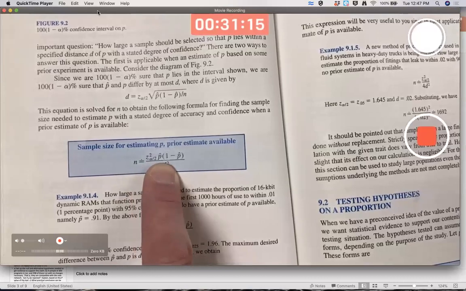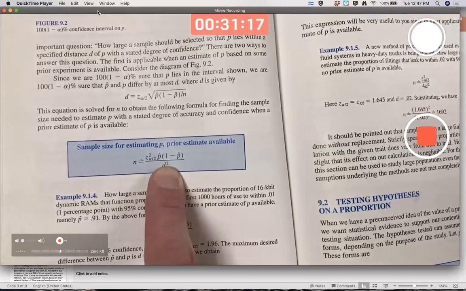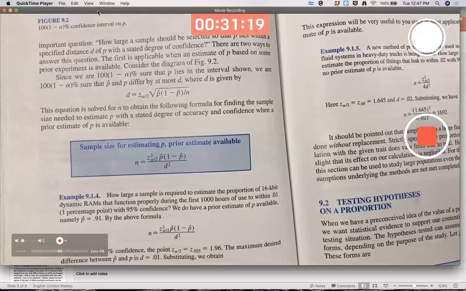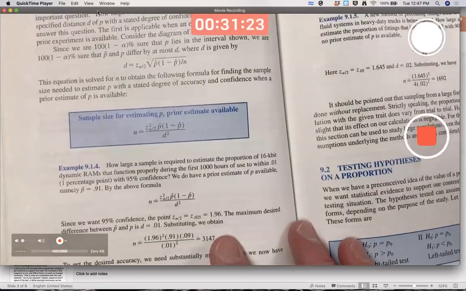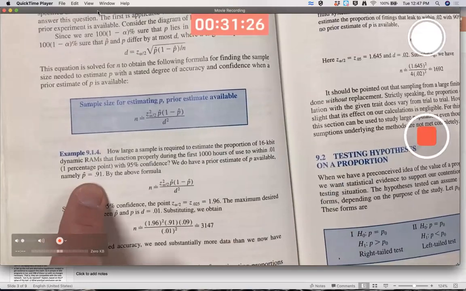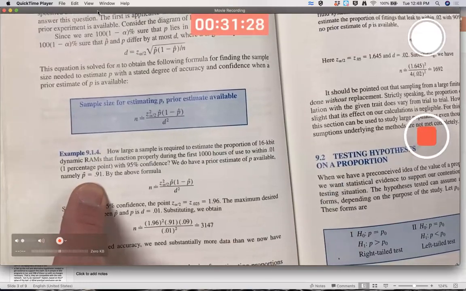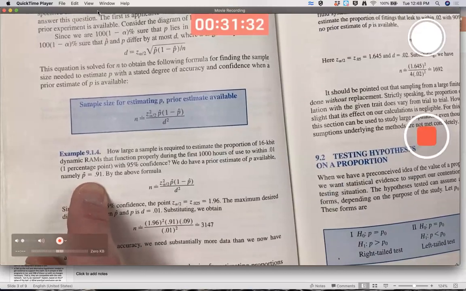You'd square that. What's the p hat here? That's a prior estimate of p. In this example, they assume the prior estimate's 0.91. This is very rough, okay? How do you know this prior estimate's any good?